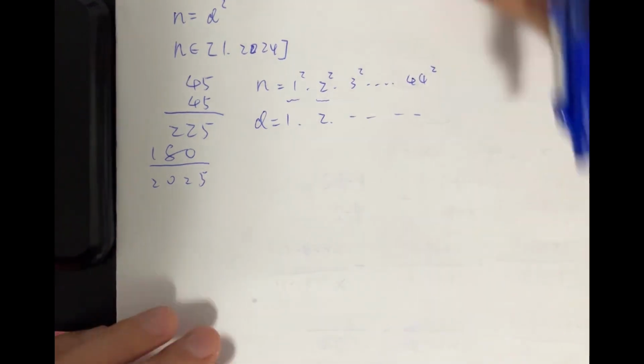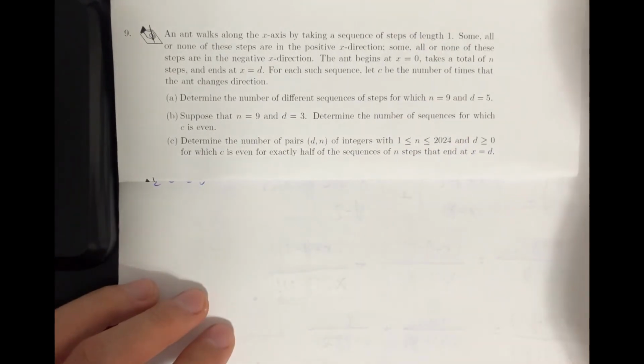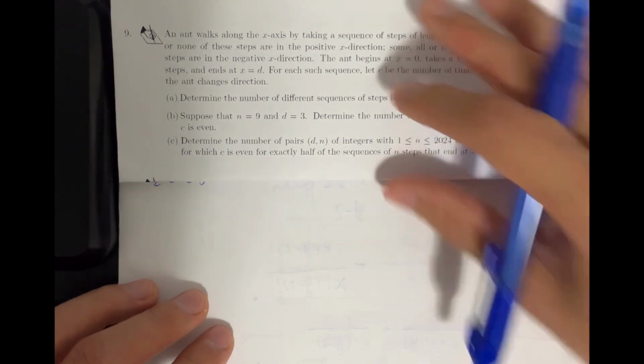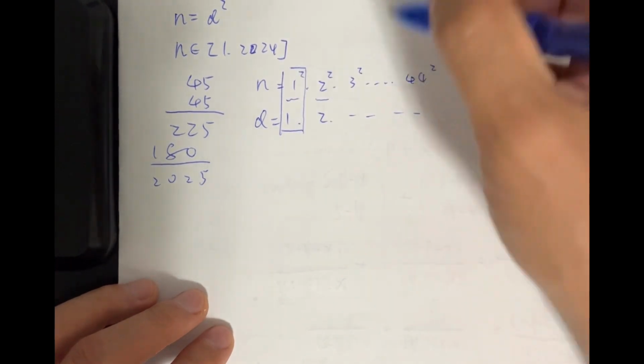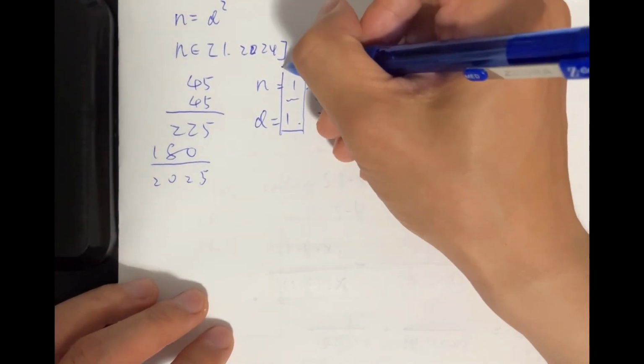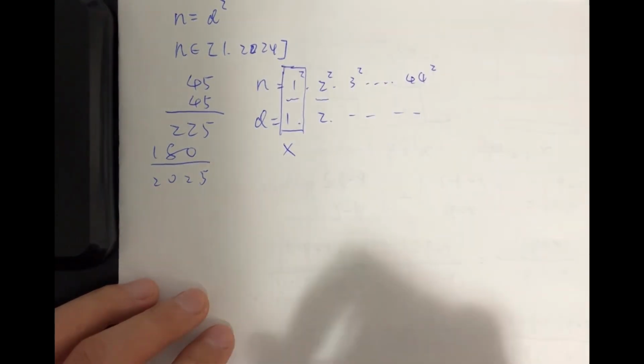If there's only one way, we cannot say exactly half of the sequences, because half of 1 is not an integer. So this doesn't satisfy. As I said, base cases could be dangerous. We have to remove this. This should not be counted.